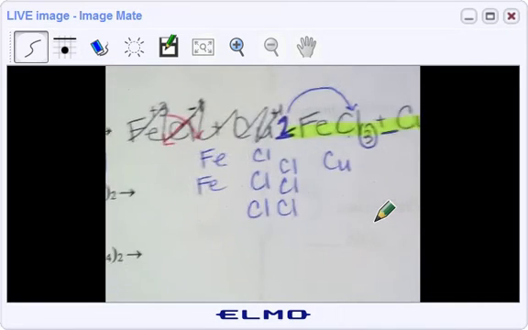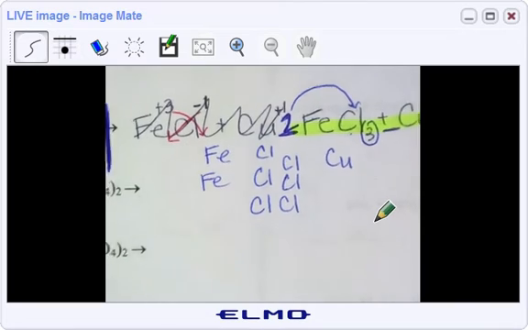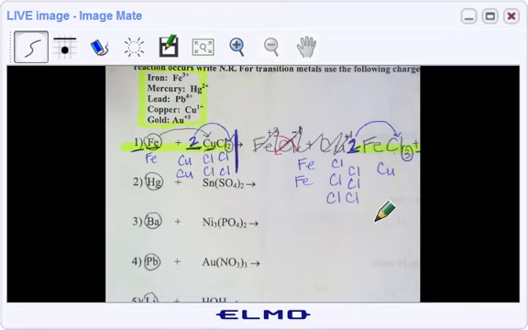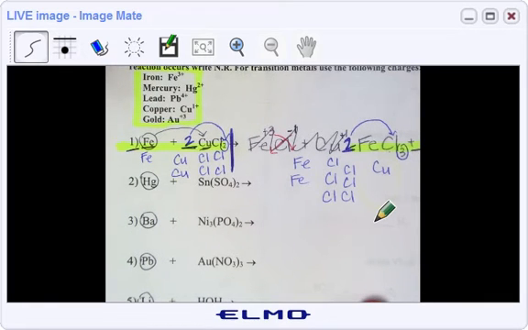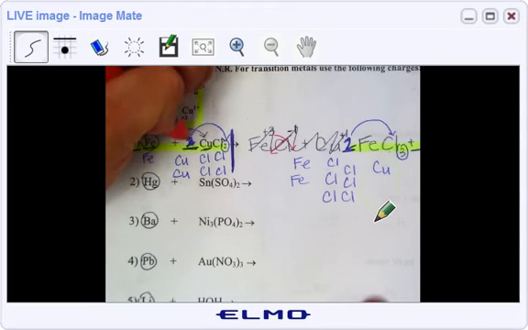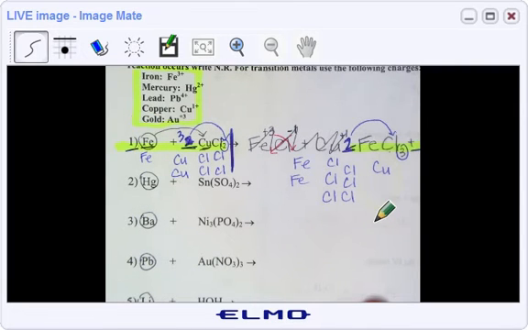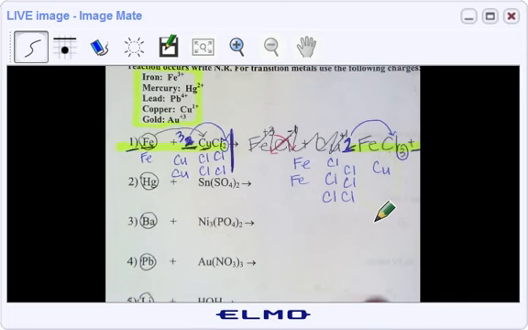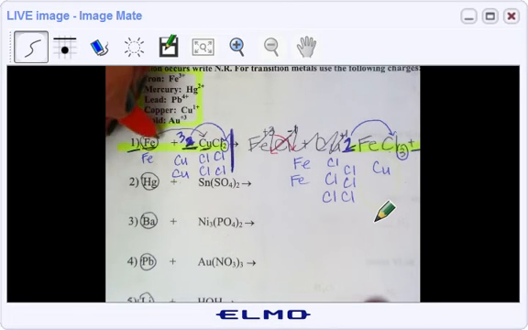Okay, so 6 chlorines are on that side, 2 irons, and 1 copper. I can go ahead and even out, let's see. I'm going to have to put a 3 here. And it's very common to go higher than 2. Okay, so use pencil if you have pencil, or you're going to have to cross it out a couple times.